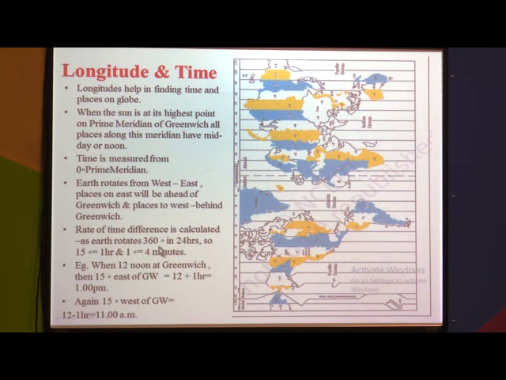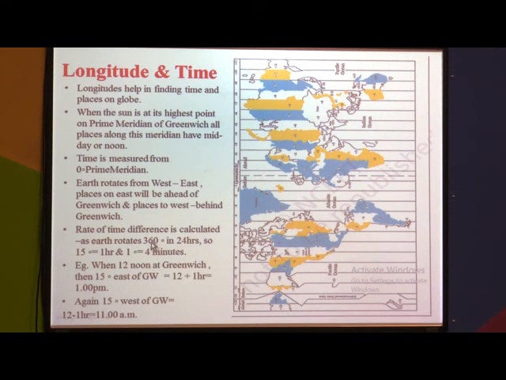So if it takes 24 hours to complete one rotation of 360 degrees, how many degrees will it take for 1 hour? That we have to calculate. 24 hours for 360 degrees. Then to get 1 hour, what will we do?